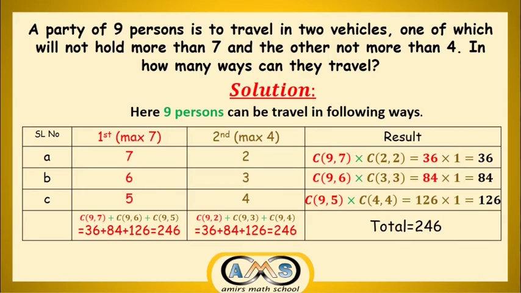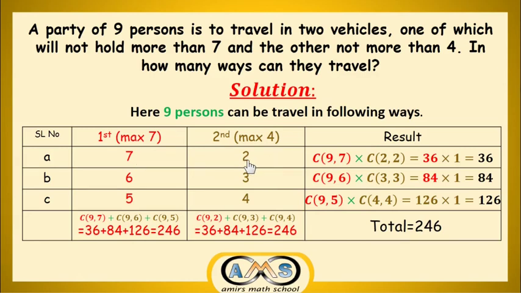Again, in another way, we can solve this problem. In this case, first we select for the first vehicle and the rest of the persons for the second vehicle. If we first select for the second vehicle and the rest of the persons for the first vehicle, the result will be the same.